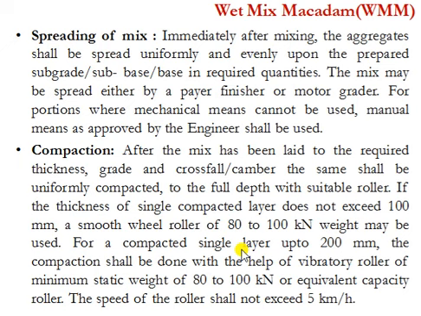Suppose the layer thickness is more than 100 millimeter and up to 200 millimeter, the compaction should be done by using a vibratory roller or another roller having the equivalent weight of 80 to 100 kilonewton. And here it should be noted the speed of the roller should not exceed 5 km per hour.